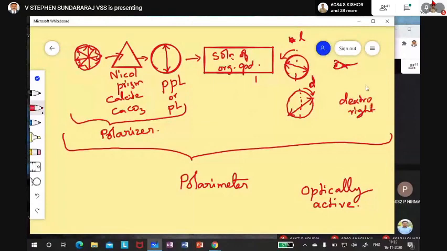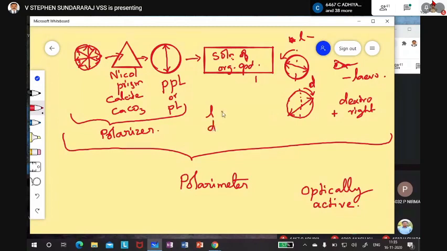L stands for levo. The positive symbol is used for dextro, and the negative symbol for levo. So the L symbol, D symbol, or minus symbol, positive symbol.